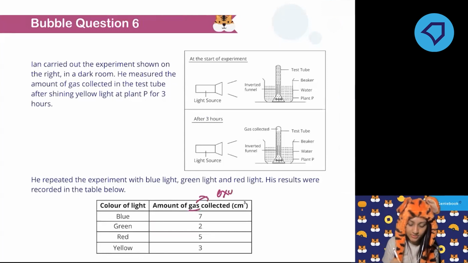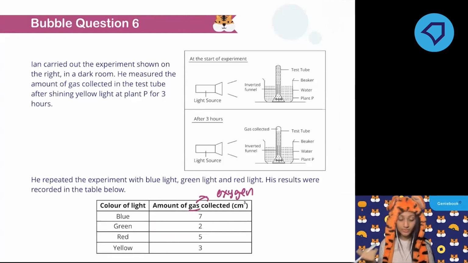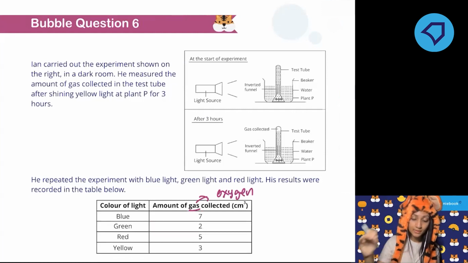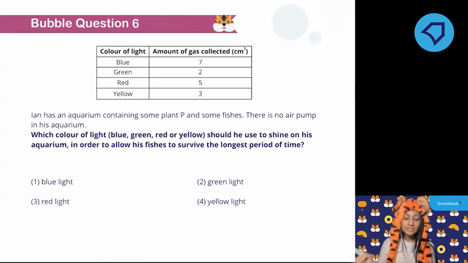Oxygen. Yes, oxygen. You notice that for blue, it gives you about 7 cm cube of oxygen, whereas for yellow, it gives you about 3 cm cube. So you have to look at the data. The next part is Ian also has an aquarium or fish tank containing pond plants and some fishes. There is no air pump.